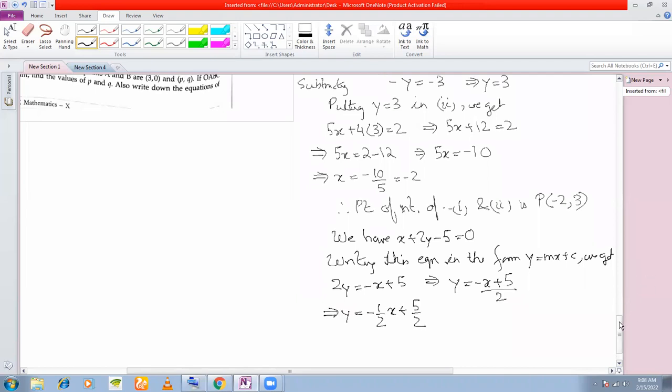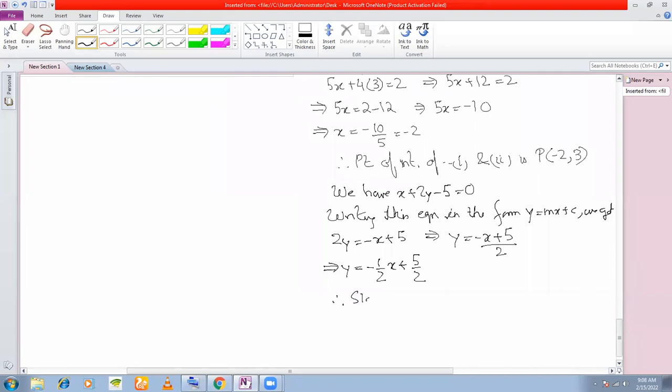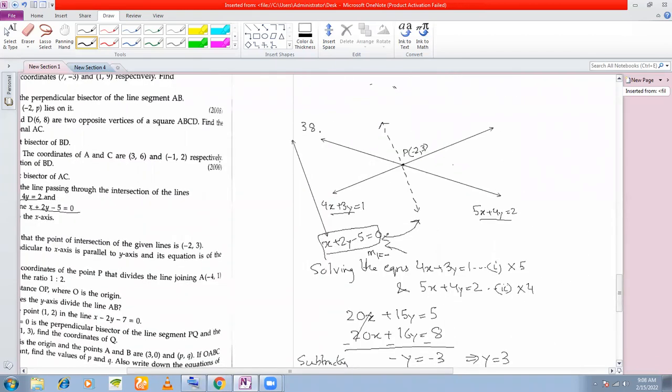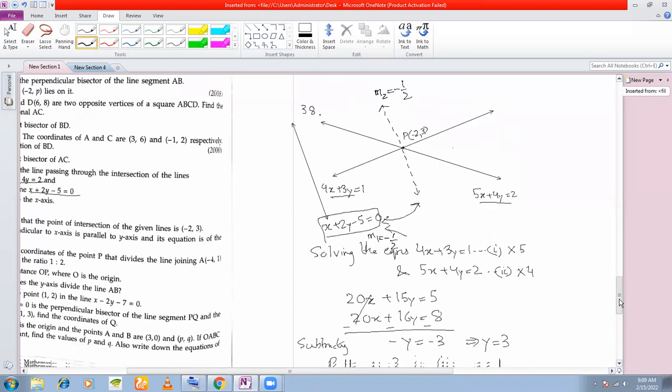So what is the slope of this line? The slope of the line x plus 2y minus 5 equal to 0 is, let's say, m1 is equal to minus half. It's the coefficient of x here. If the slope of this line is minus half, then the slope of this line, say m2, must also be equal to minus half because they are parallel.